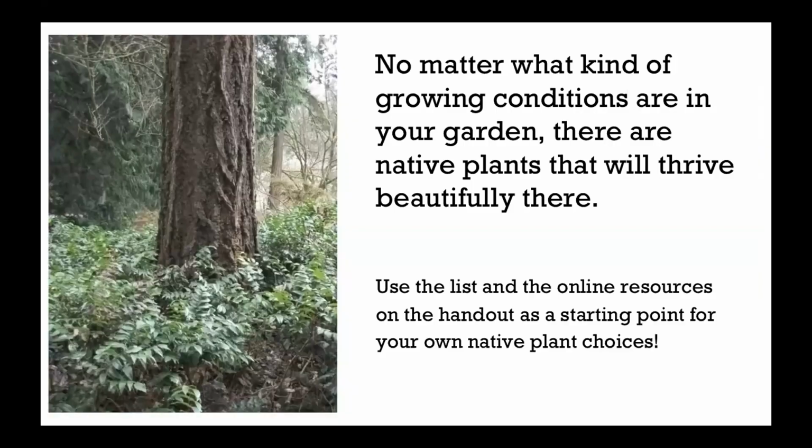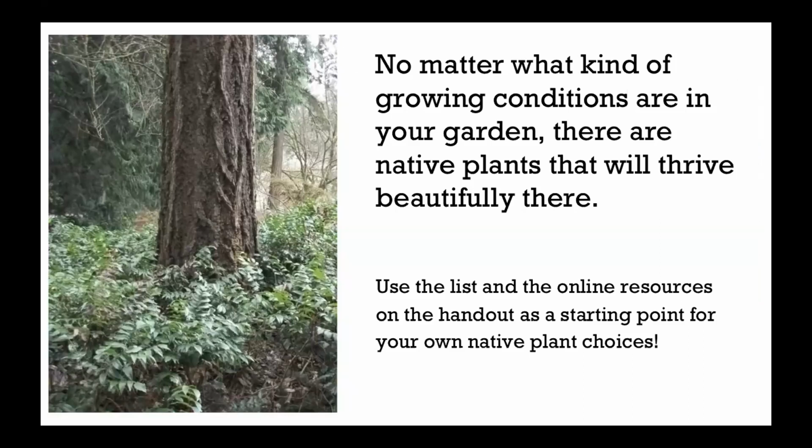So basically, these slides that I've just shown you are not to say that you have to plant these particular plants, but really to illustrate that no matter what kind of conditions there are in your garden, there are native plants that will thrive there and be beautiful.